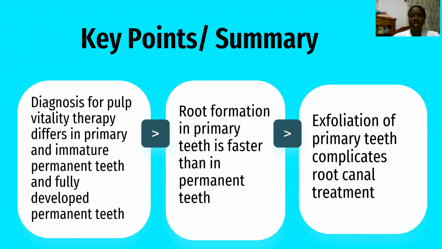Exfoliation of primary teeth also complicates root canal treatment. So during exfoliation, the apical resorption of the root occurs, and this shortens root length. This also complicates root length determination if root canal therapy is to be done.